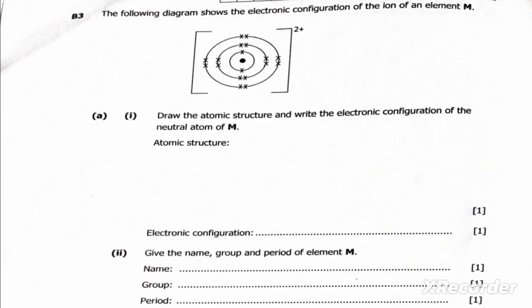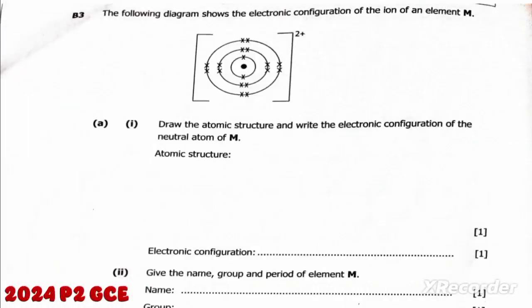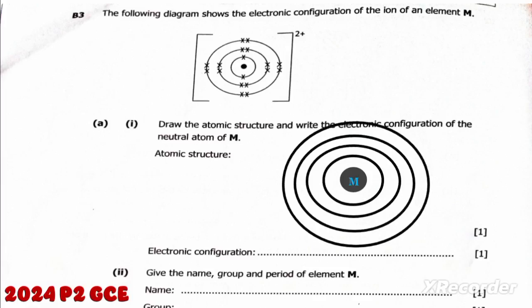If we check from our periodic table, an element with 20 electrons is calcium. So we are going to draw 4 shells: 2 electrons in the first shell, 8 electrons in the second shell, 8 electrons in the third shell, and 2 electrons in the outermost shell.